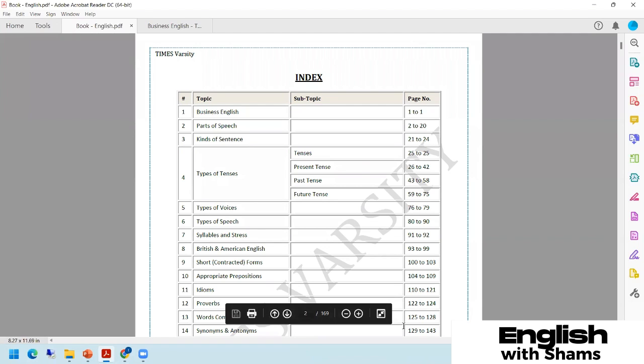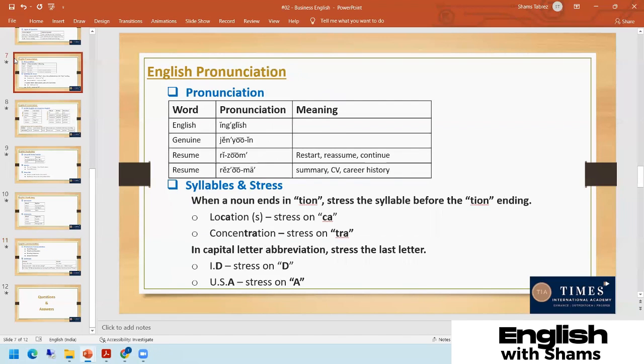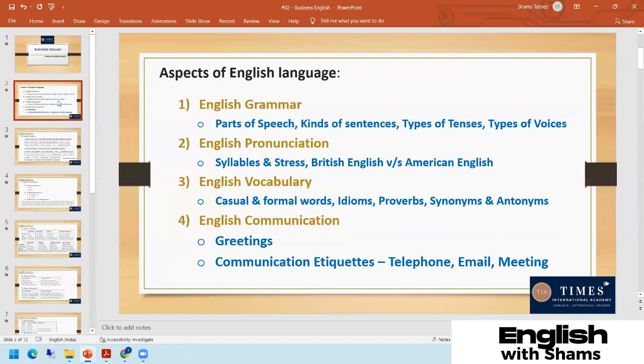Active participation is important if you would like to become fluent in English. So in session one, this is what I wanted to discuss. This was the agenda of today's session.